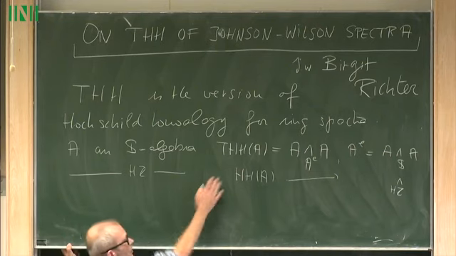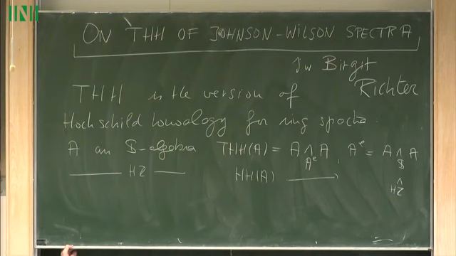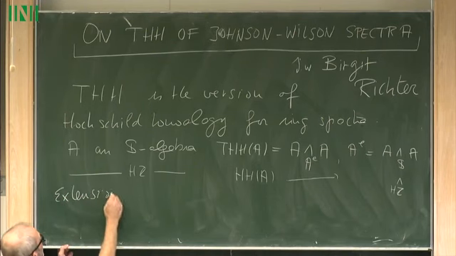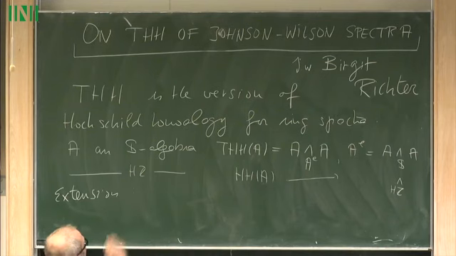So if you study THH for itself, one of the fascinating things that you have to deal with are extensions, and I think that's really something difficult in THH: additive or multiplicative extensions. What do I mean by that?